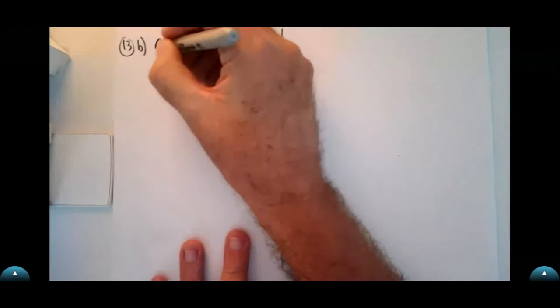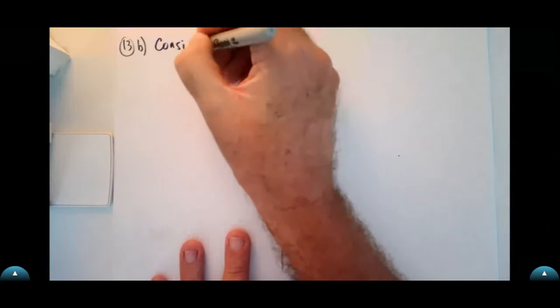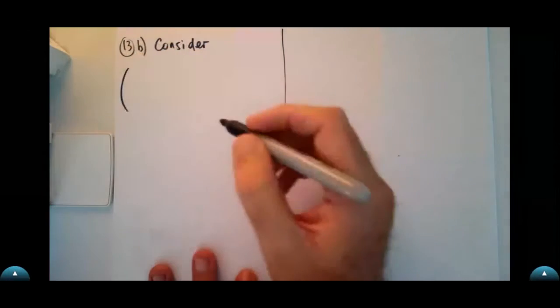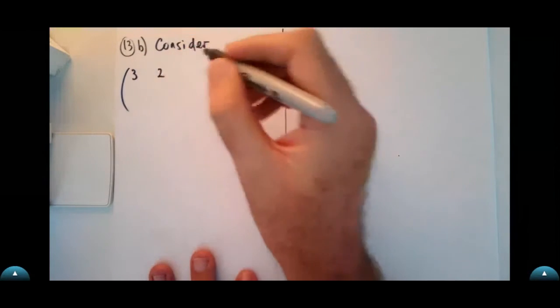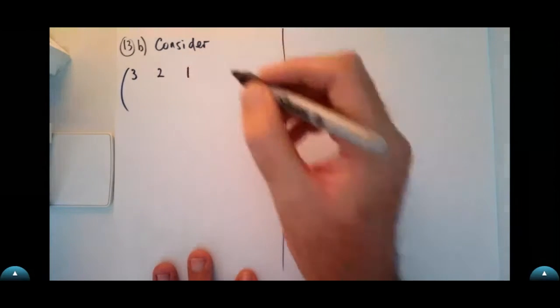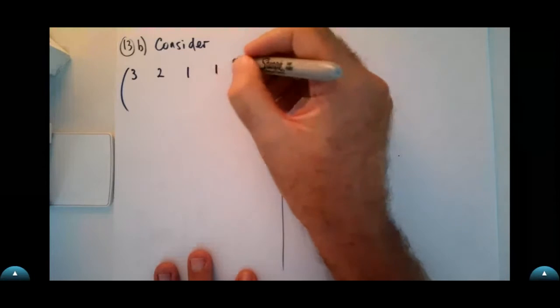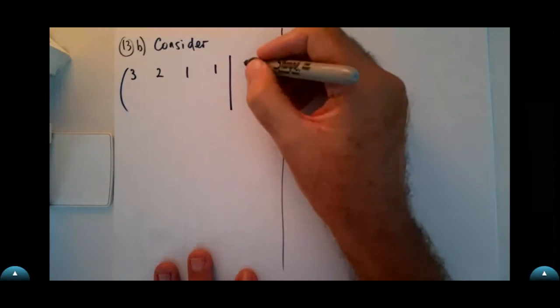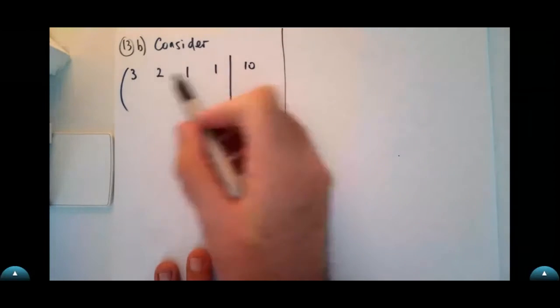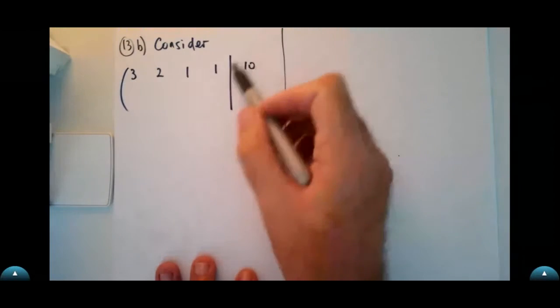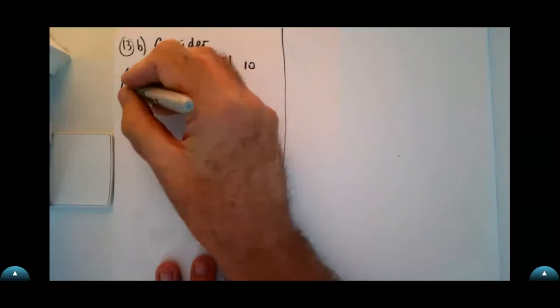All right. So in this question, we can write everything as an augmented matrix. So this is the first row with the coefficients of each variable, and then the right-hand side.